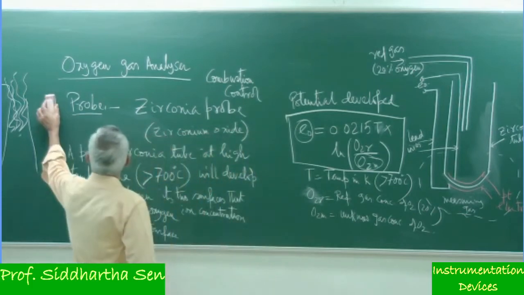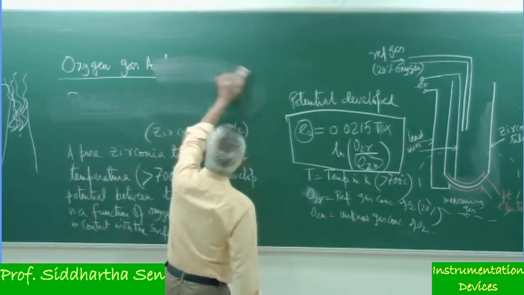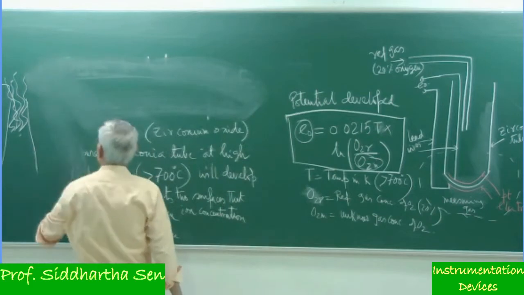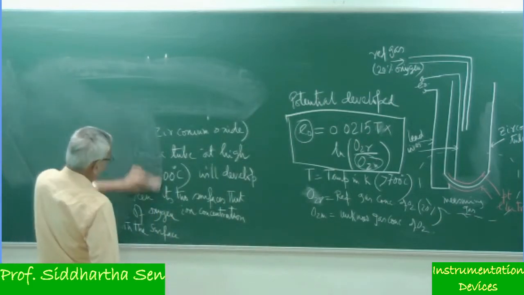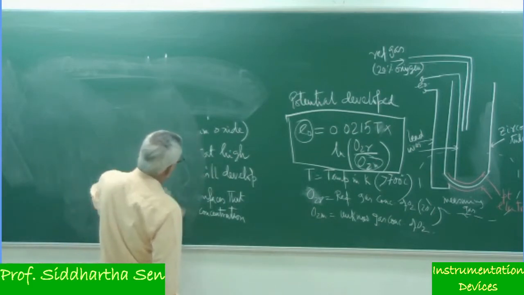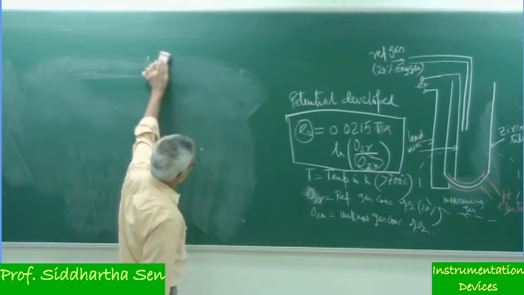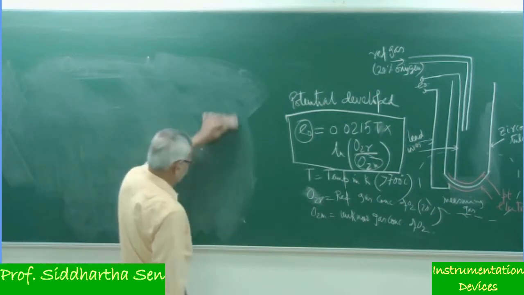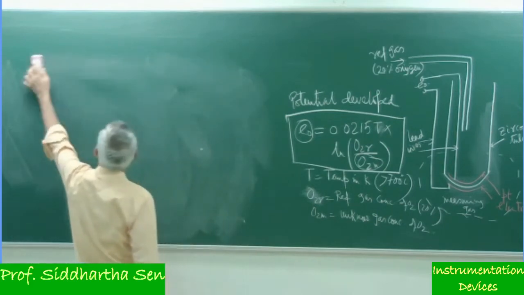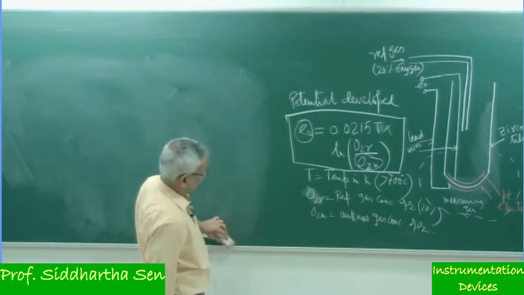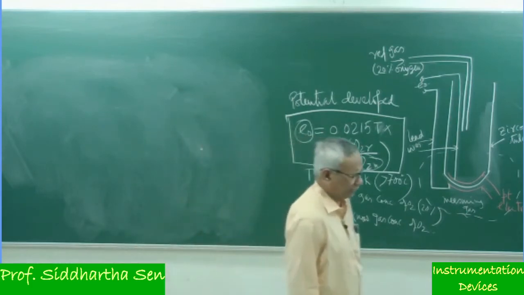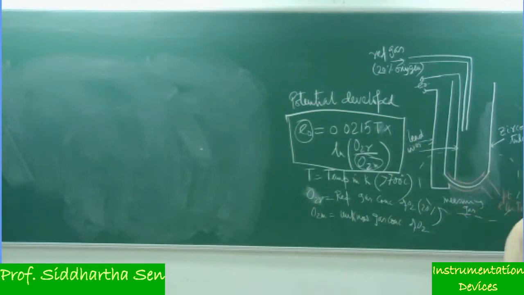I would be discussing another related measuring technique, which is rather completely different from this. Of course, they are all based on the Nernst equation, but outwardly it is a different technique.